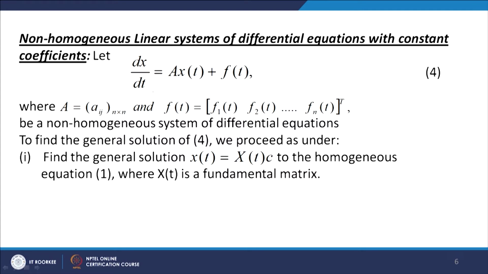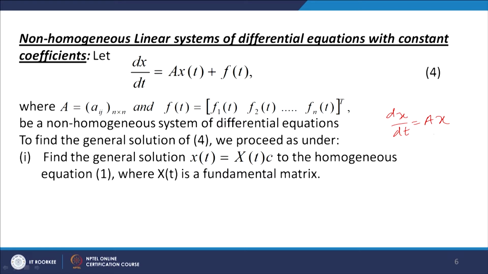In order to find the general solution of this equation 4, we proceed in the following manner. First, we find the general solution, which we write as x(t) equal to X(t) into c, of the homogeneous equation 1. Homogeneous equation 1 is dx by dt equal to Ax. The homogeneous equation corresponding to the non-homogeneous linear system 4 is dx by dt equal to Ax.